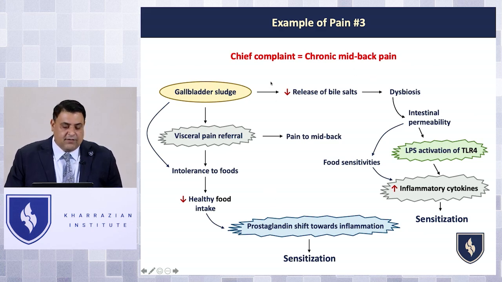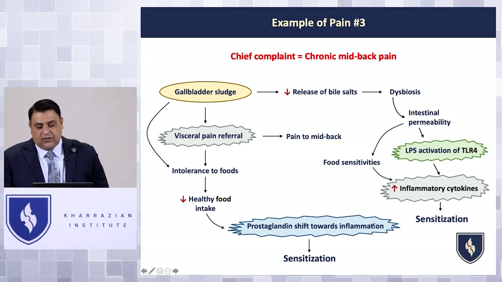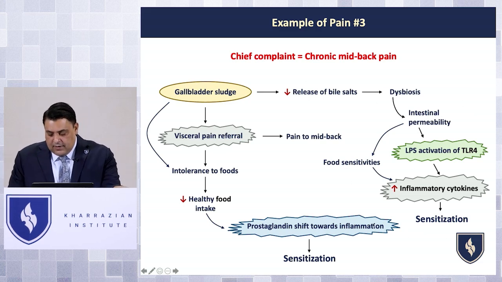And they get massage on it every week, they get manipulation on it every week to do everything to get rid of their pain, but it's really related to this gallbladder-related area in combination with their prostaglandin shift and their intestinal permeability that's leading to chronic pain. So the chronic pain syndrome may need to have these underlying triggers removed.